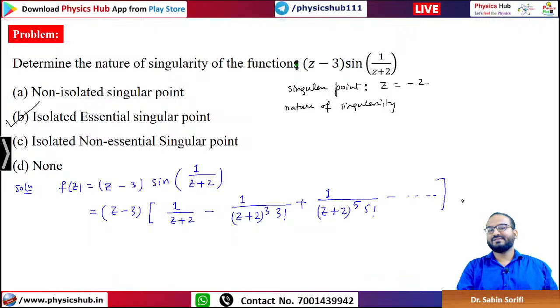So this is an essential singular point. And as you can see, z plus 2 cube, so z equals minus 2 is a singular point, and this is isolated. There is no other singularity besides z equals minus 2. So that is why this is isolated, and as there are an infinite number of terms, that is why it is essential.